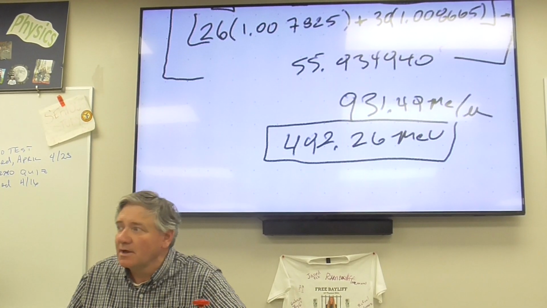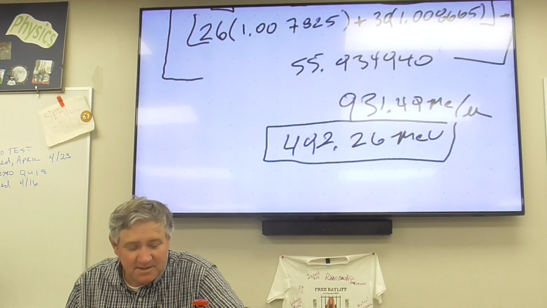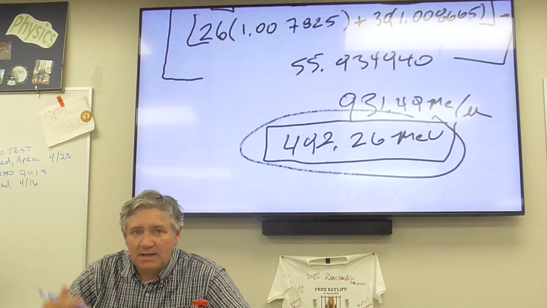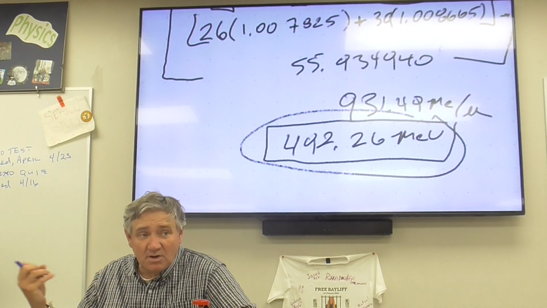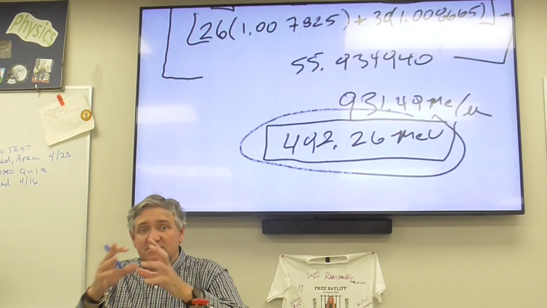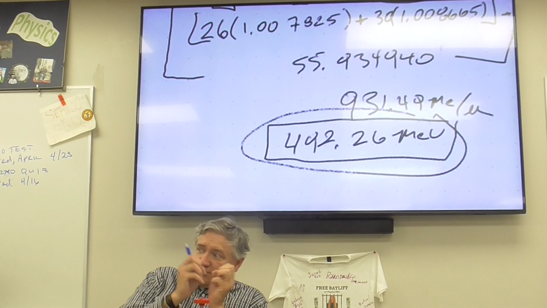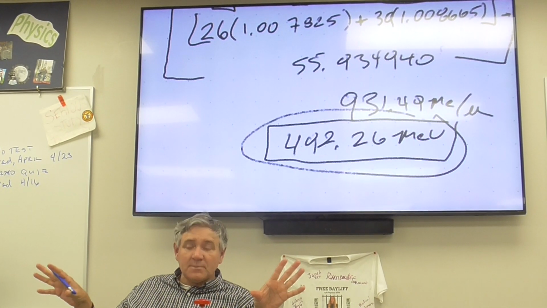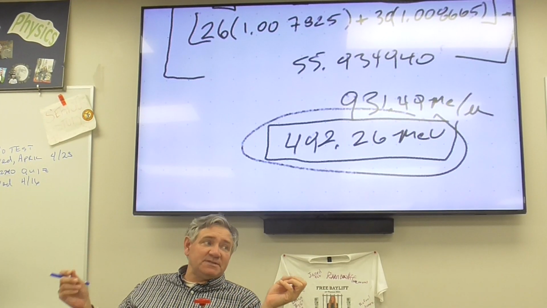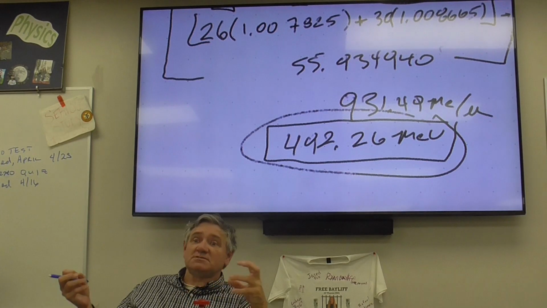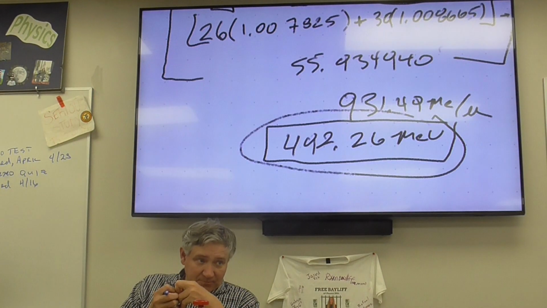Good luck with that. But if you did that, this is how much energy would be released in that process. Okay, that's why it's called binding energy. So this door swings both ways. That's either how much energy would be released if you split it, or how much energy it would take to take the separate protons and neutrons and smash them together, okay?